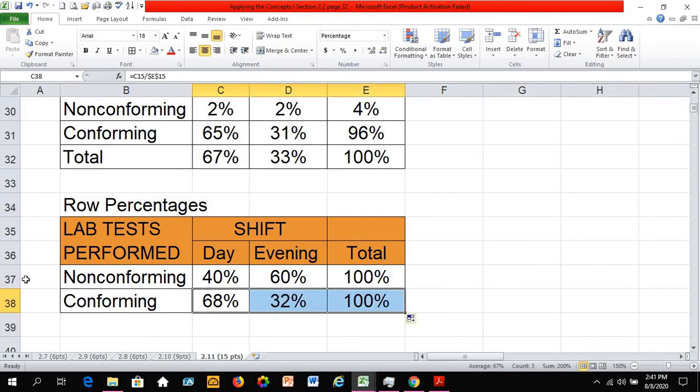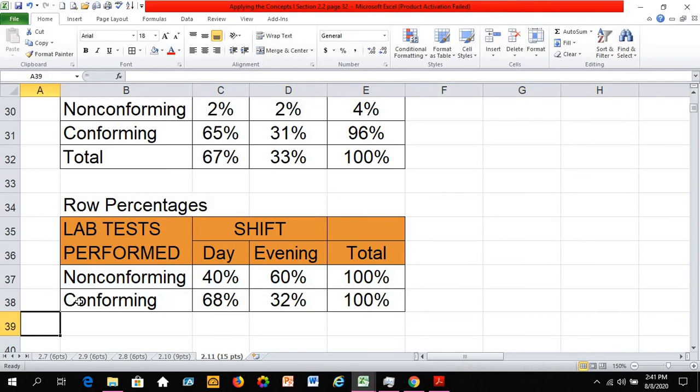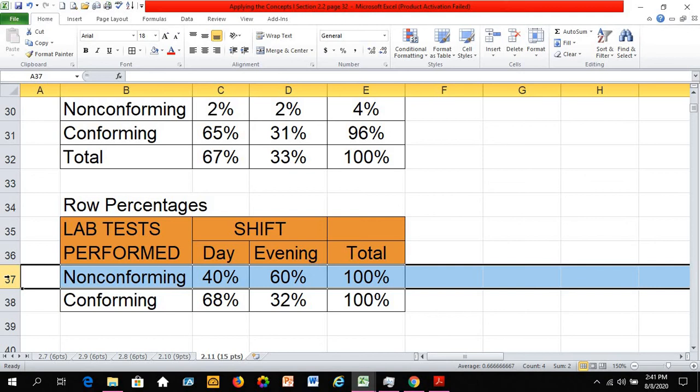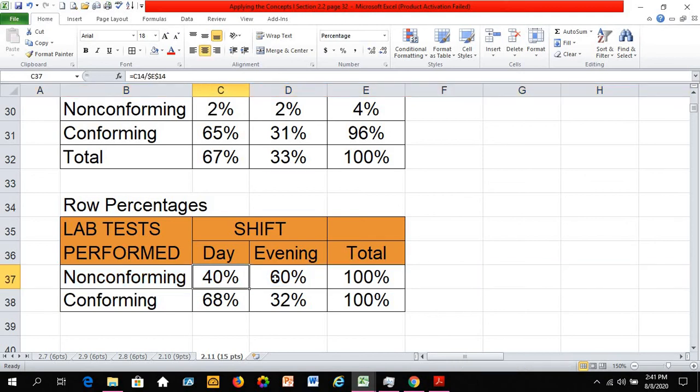There you go. So to interpret this, it seems that those non-conforming lab tests, 60% of them are happening during the evening shift, and 40% are happening in the day shift.